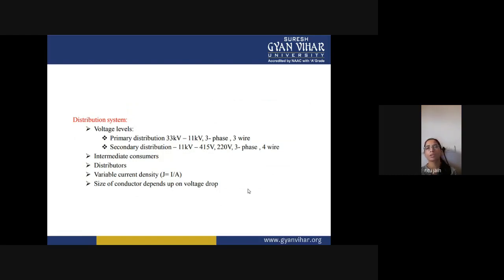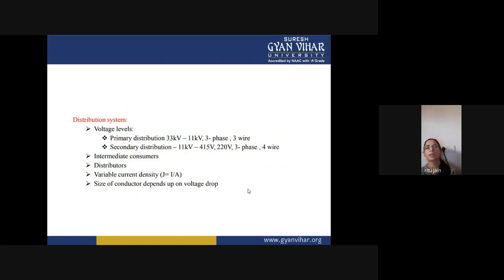In the distribution system, the voltage level in primary distribution is 33 kilovolt to 11 kilovolt, three phase, three wire system. Now this 11 kilovolt is stepped down using a transformer. So 11 kilovolt is converted into 415 volt, 220 volt, three phase, four wire system.